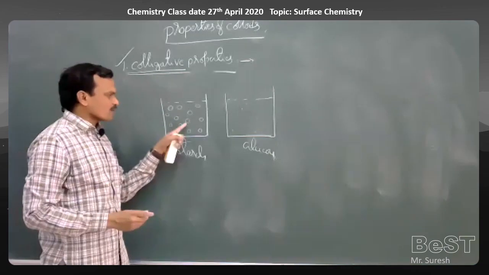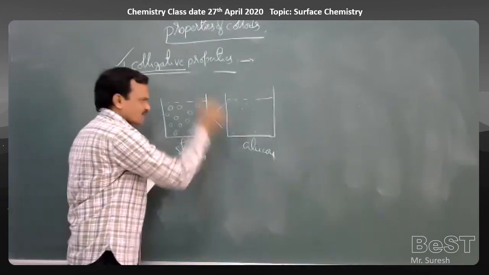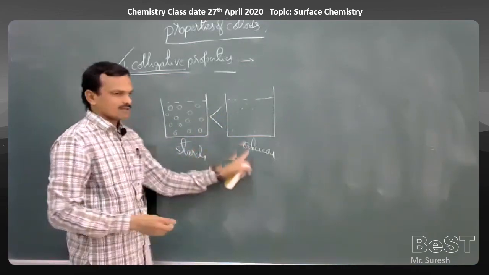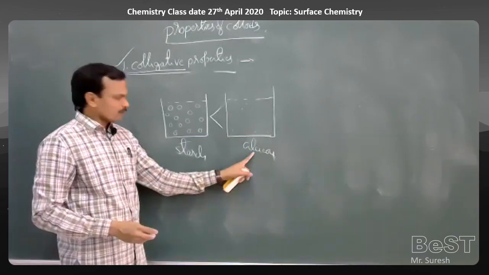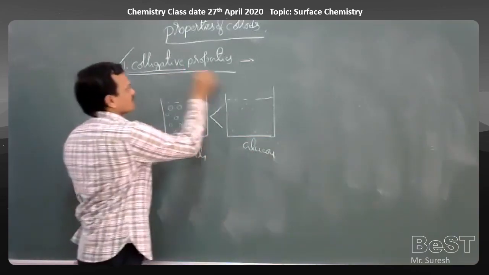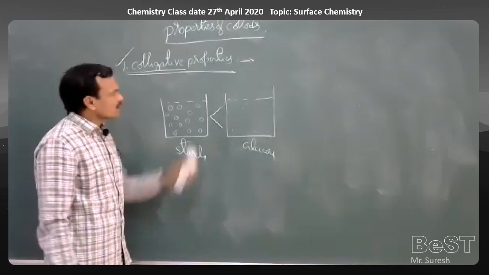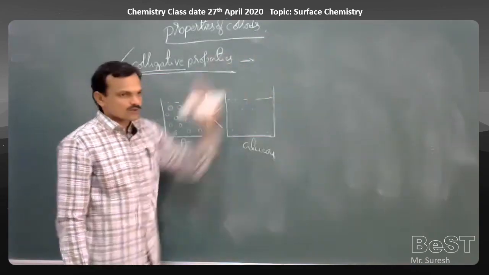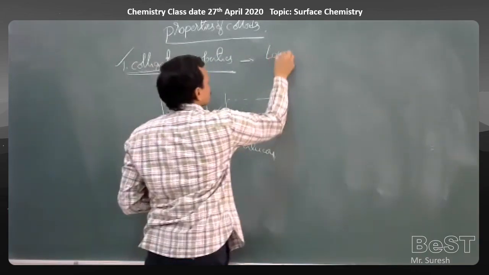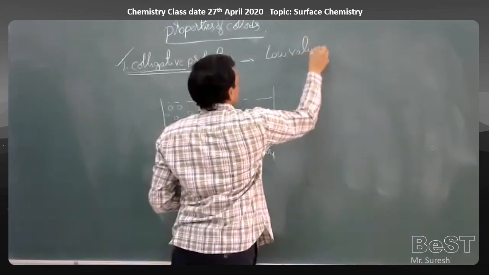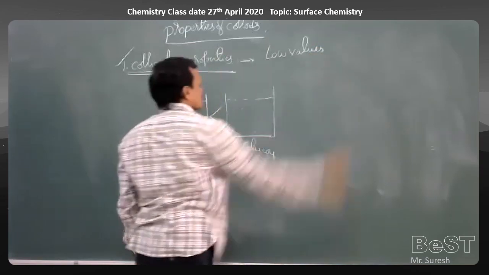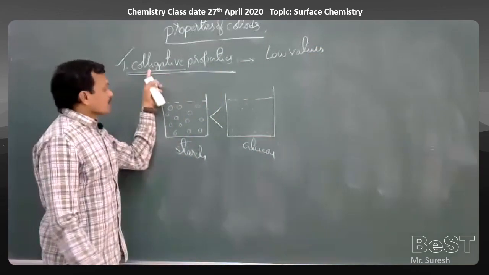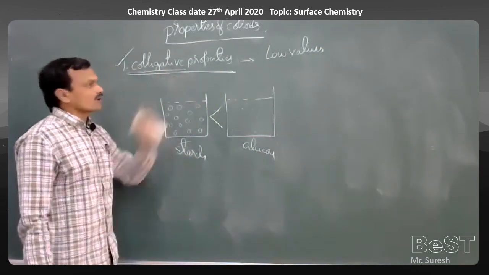Since the number of particles is less, the colligative property of starch will be less than glucose. This means the colligative properties of colloidal solutions are always lower than those of true solutions.